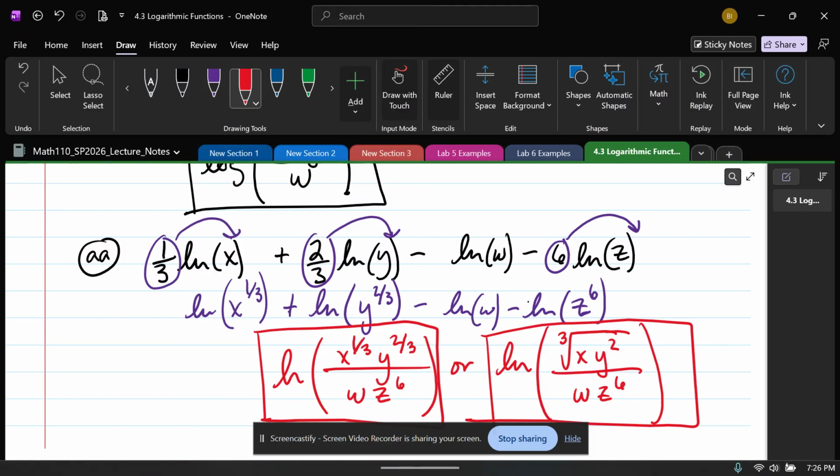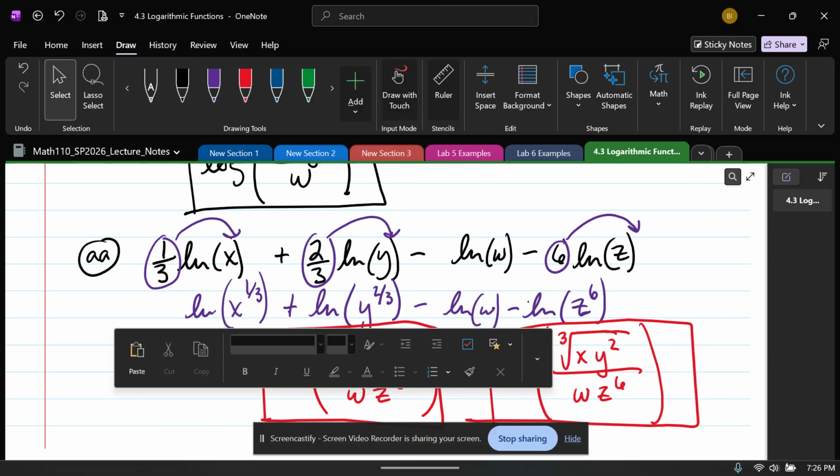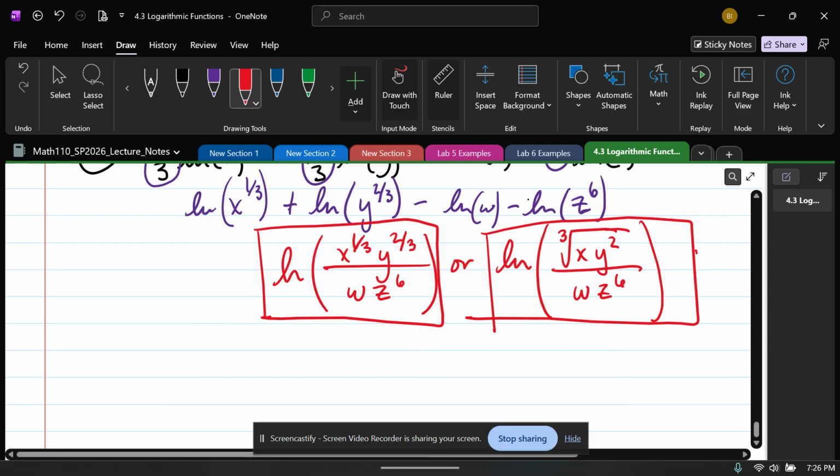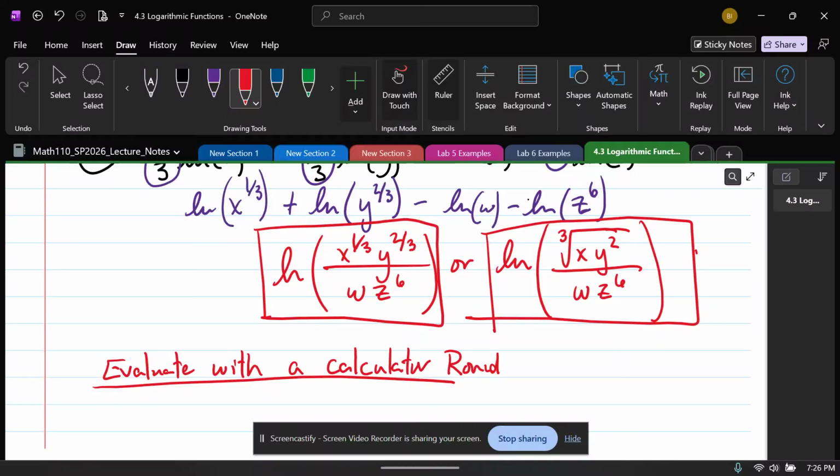All right, last thing, punching it in the calculator. You got to know how to evaluate a logarithm with the calculator. So I'm going to show you that real quick. Easy thing. Evaluate with a calculator. Round to the nearest 10 thousandths.